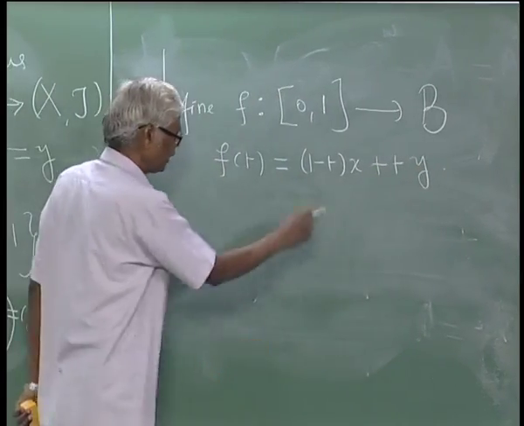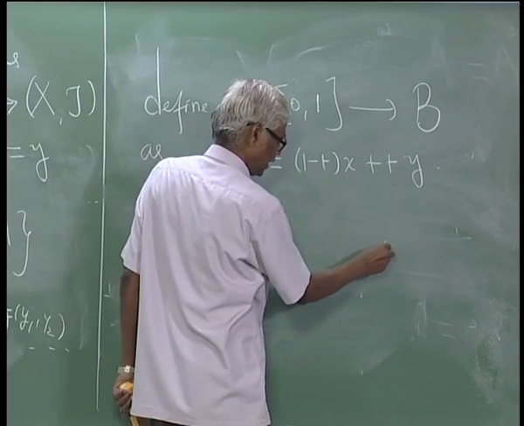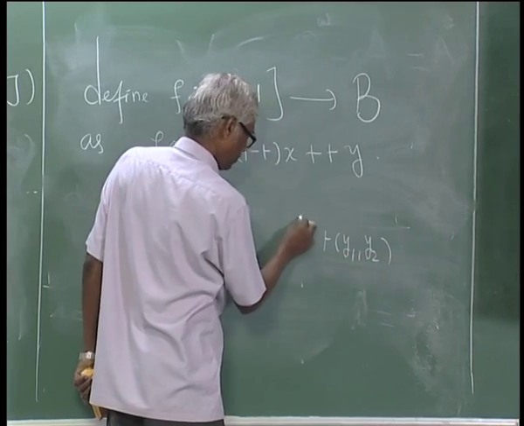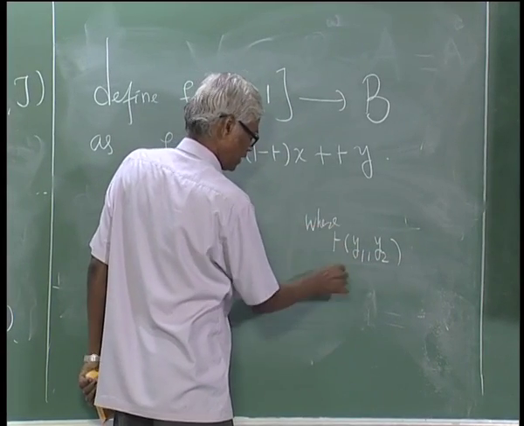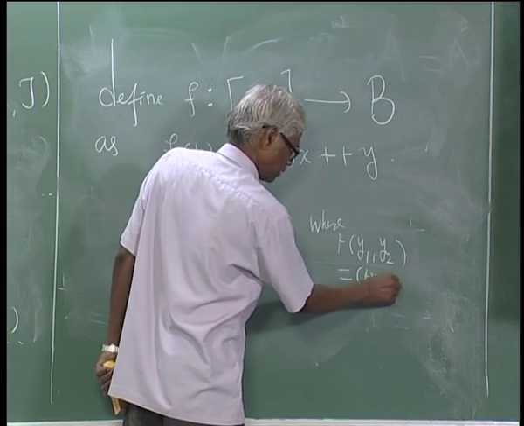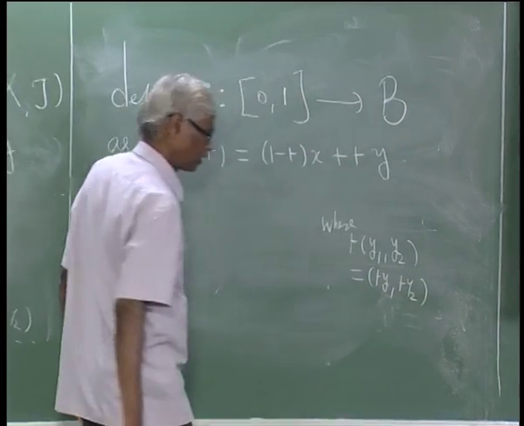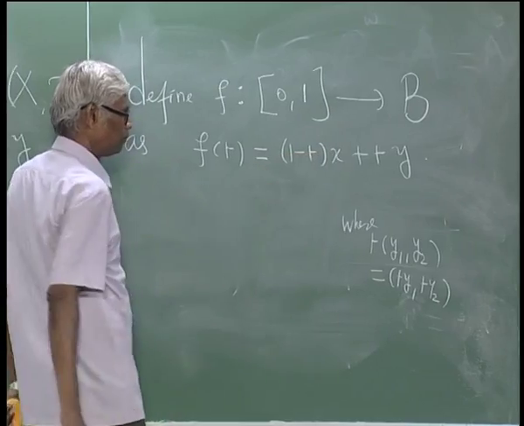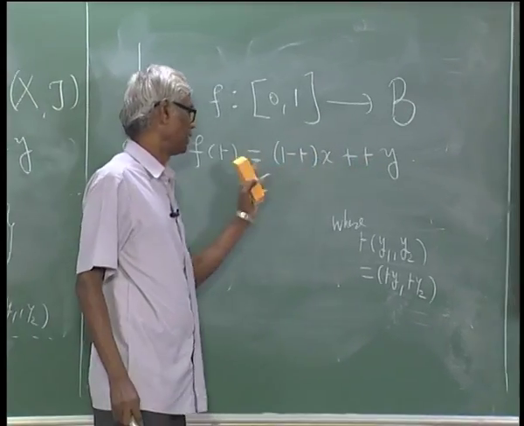Here t times y, meaning the ordered pair (y1, y2), is defined in the usual way as (t y1, t y2), scalar multiplication. Under this we define the map for fixed x, y as t varies.